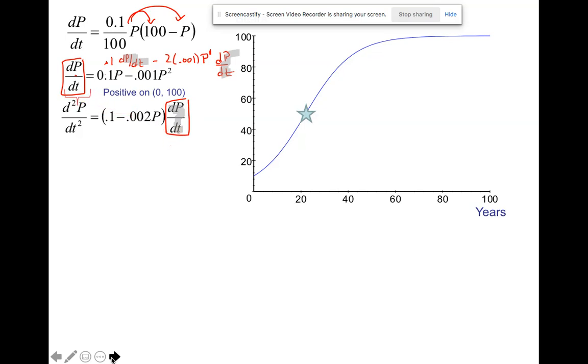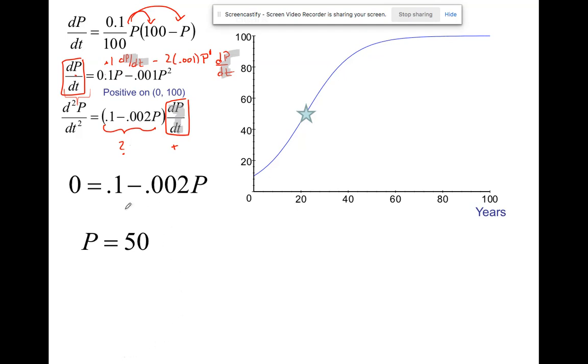Well, one of the factors is always positive, so I just need to know when this factor is equal to 0. Do some math on that, subtract 0.1, divide by 0.002, and I get P is equal to 50.